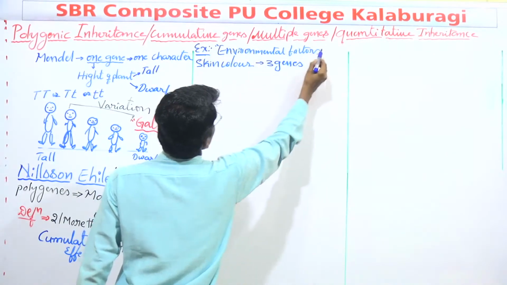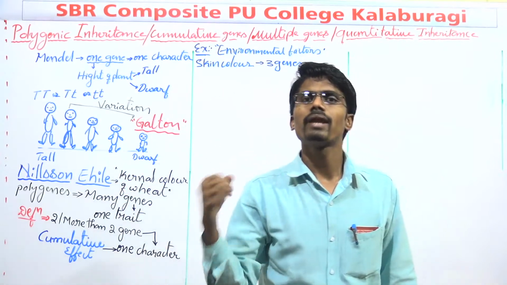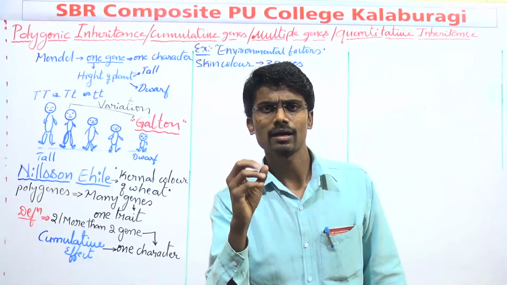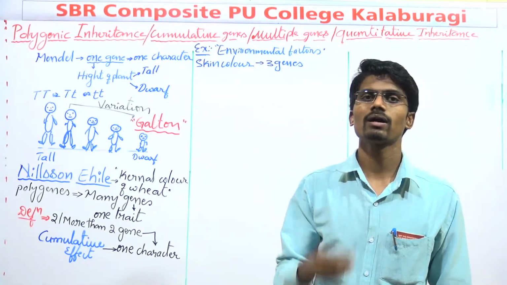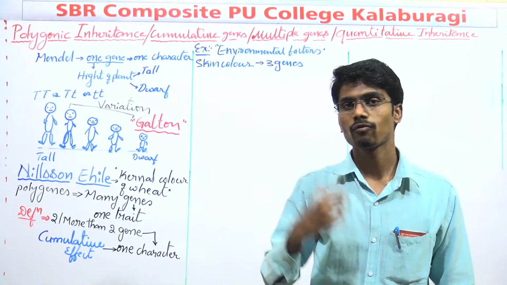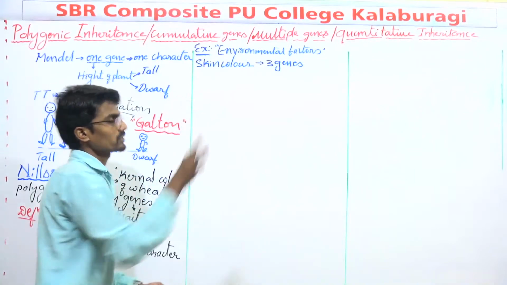Because of this environment, Africans are totally black and Indians are intermediate, but Americans are what? Albino color, because of what? The nature of the particular area.